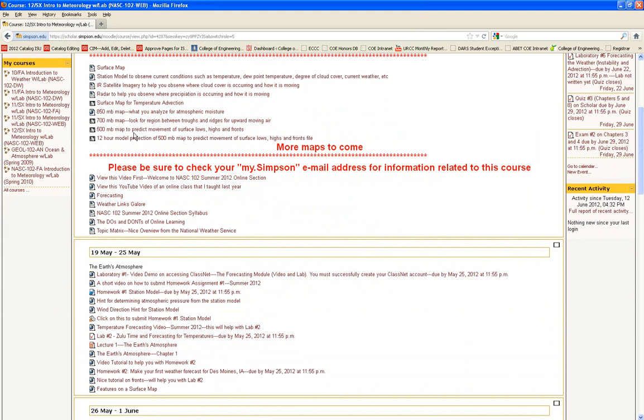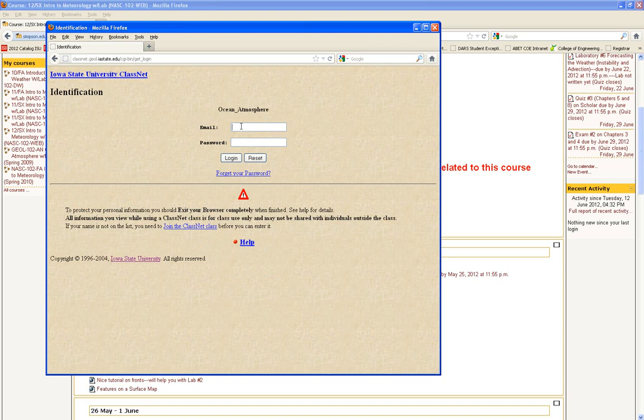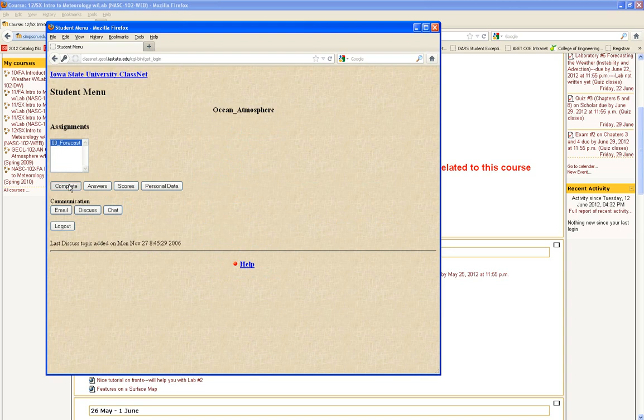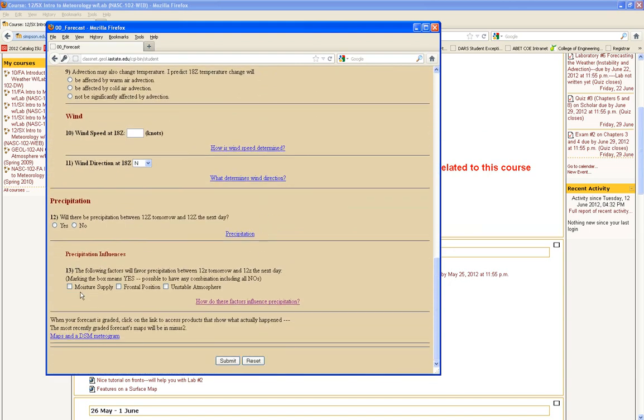So for question 13, again, if I go back here to the forecasting link, I guess I should have left that up. So if I go back down here, factors I have to evaluate: sufficient moisture.